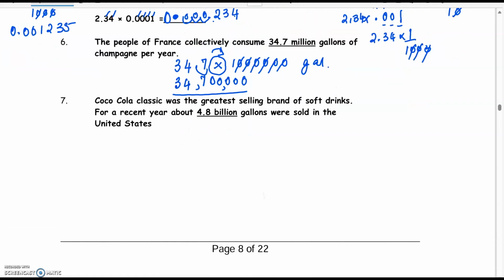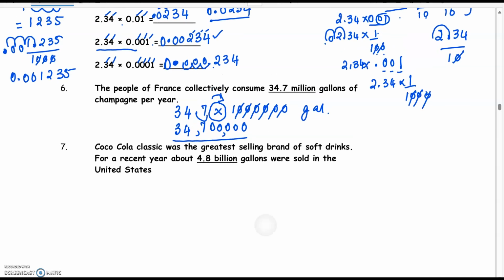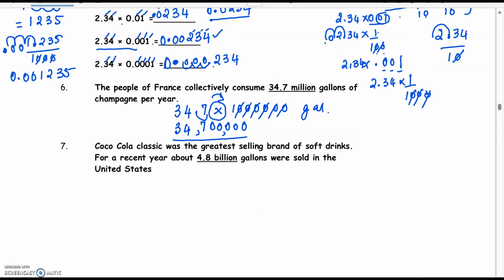So we have Coca-Cola Classic was the greatest selling brand of soft drinks. For a recent year, about 4.8 billion. Billion is 1 followed by 9 zeros. That's a million. Add 3 more and it becomes a billion. Gallons were sold at a certain time. Now you take the 4.8 and you have to shift the decimal point.